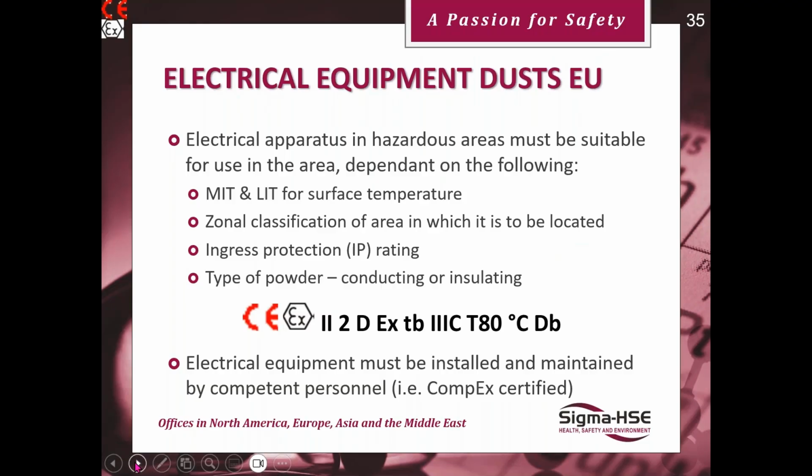TB means that's the type of protection. 3C means it's an insulating dust. And there you've got the temperature, one specific temperature. And DB is the equipment protection level, which means this equipment is suitable for zones 21 and 22.